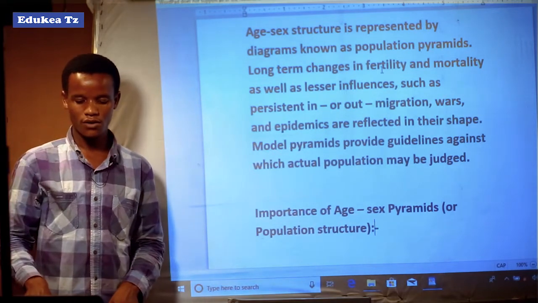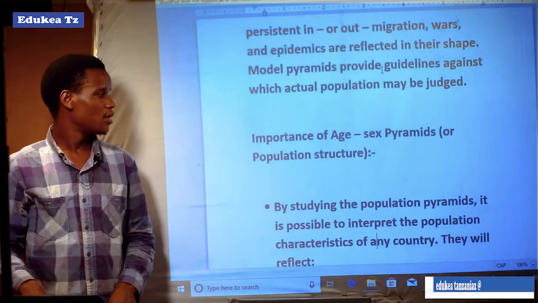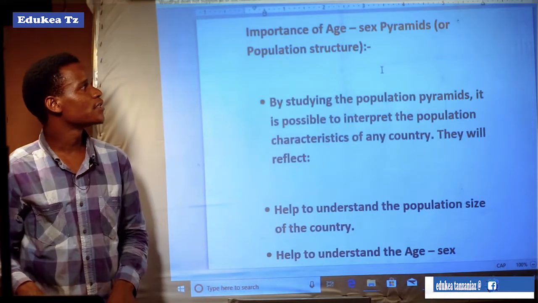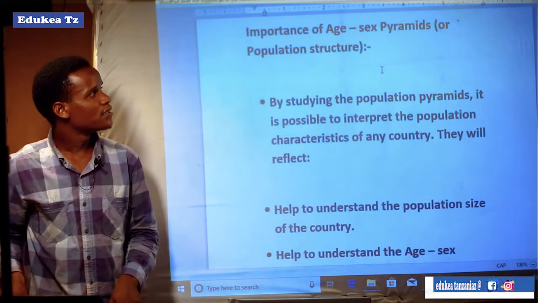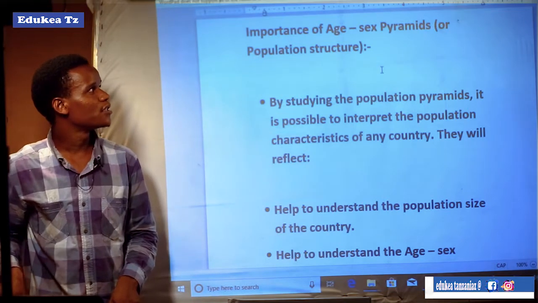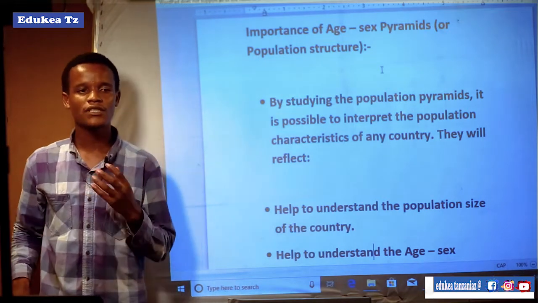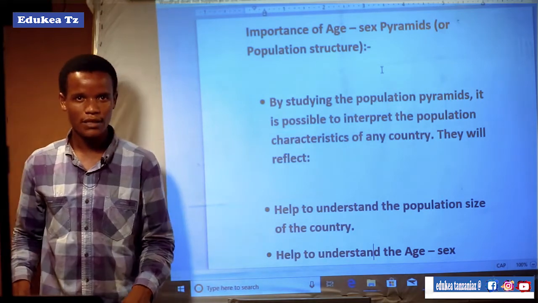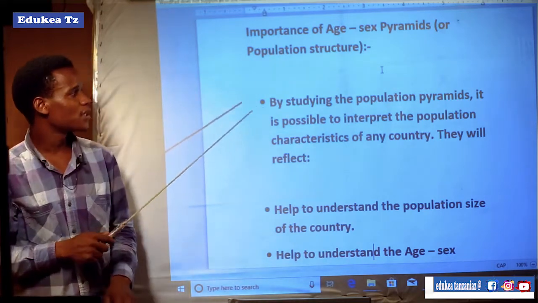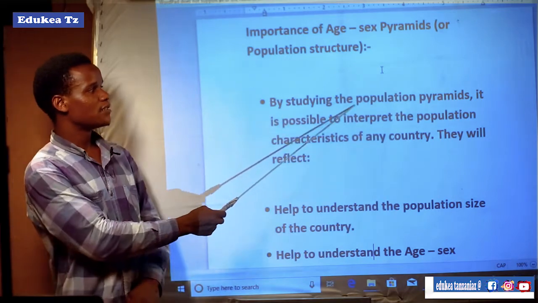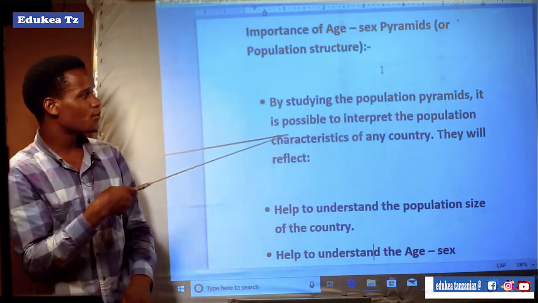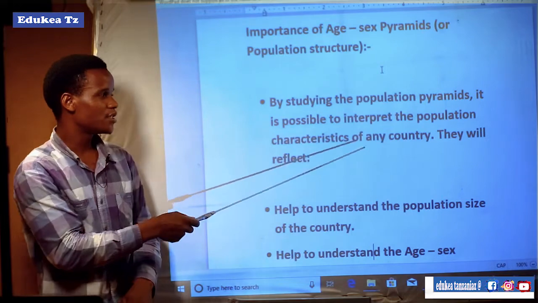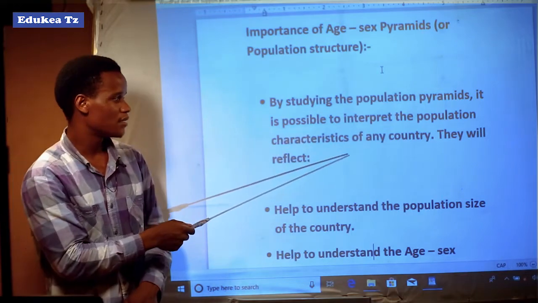Okay, now let us see the importance of the age-sex pyramid, or population structure. The first importance is that by studying the population pyramid, it is possible to interpret the population characteristics of any country.